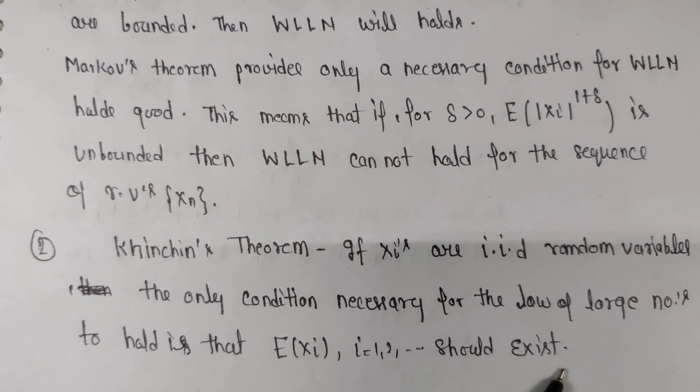Is it clear? That means according to Khinchin's theorem, if we have a sequence of IID random variables, then we need only one condition to verify whether the weak law of large numbers will hold. So if E[Xi] exists, then we can directly say that the weak law of large numbers will hold in the particular problem. Okay, is it clear?